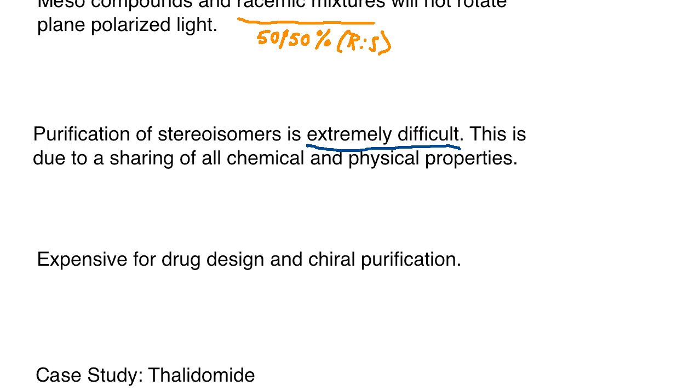That can really bring into question, is this going to be a plausible drug candidate? And if it is, how expensive is it going to be?